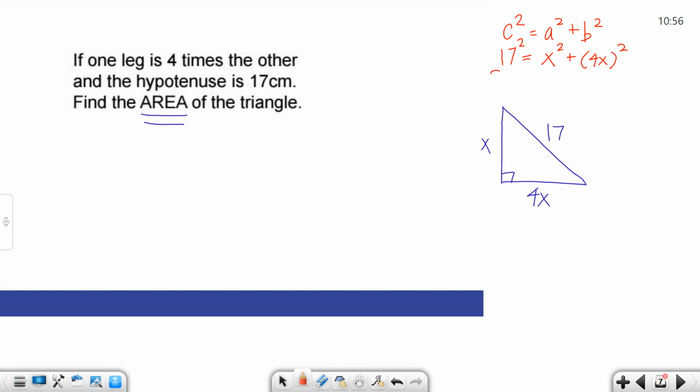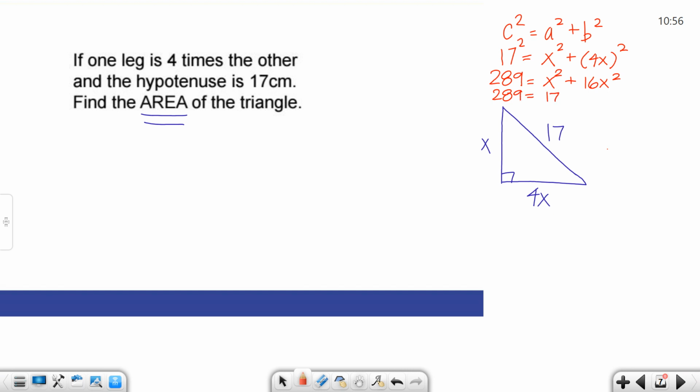Okay, so 17 squared is 289. I'm going to double check that in just a second. It equals x squared plus 16x squared, because 4 squared times x squared. I'm pretty sure that's correct for the 17, but let's try it anyway. Yep. So when we add, we got our 289, right?